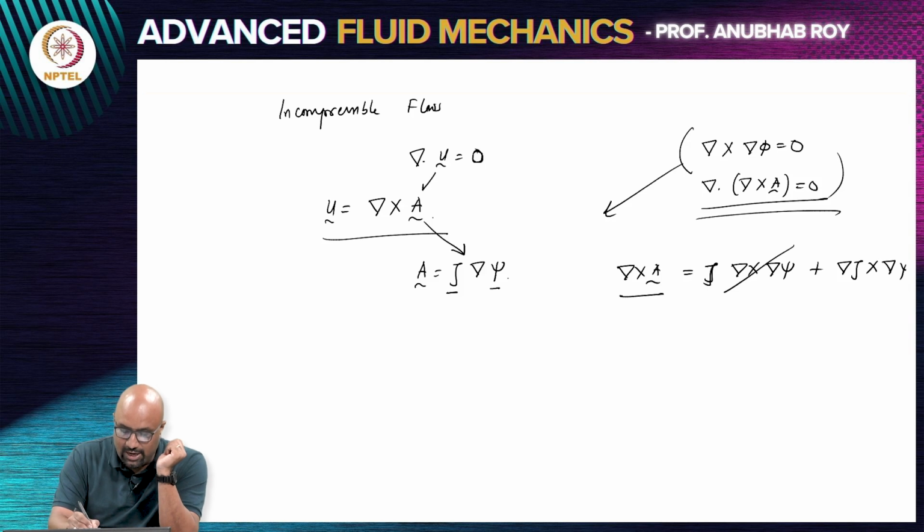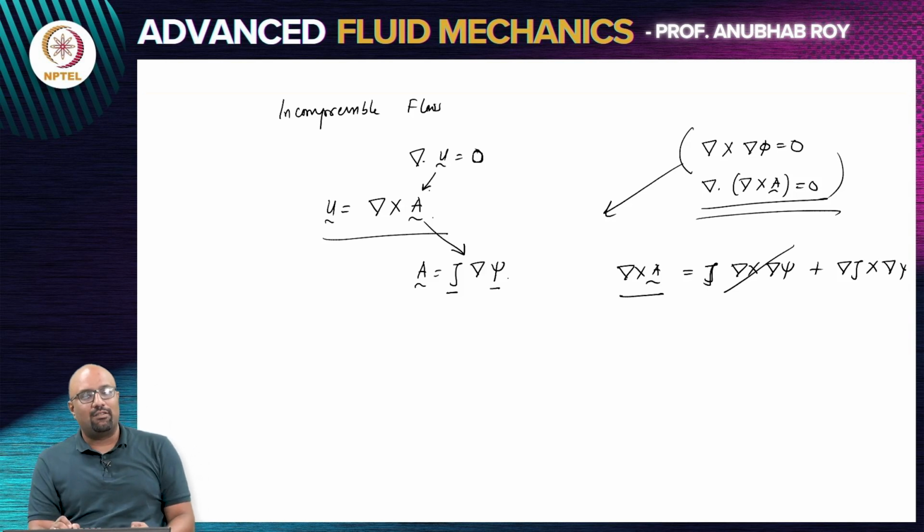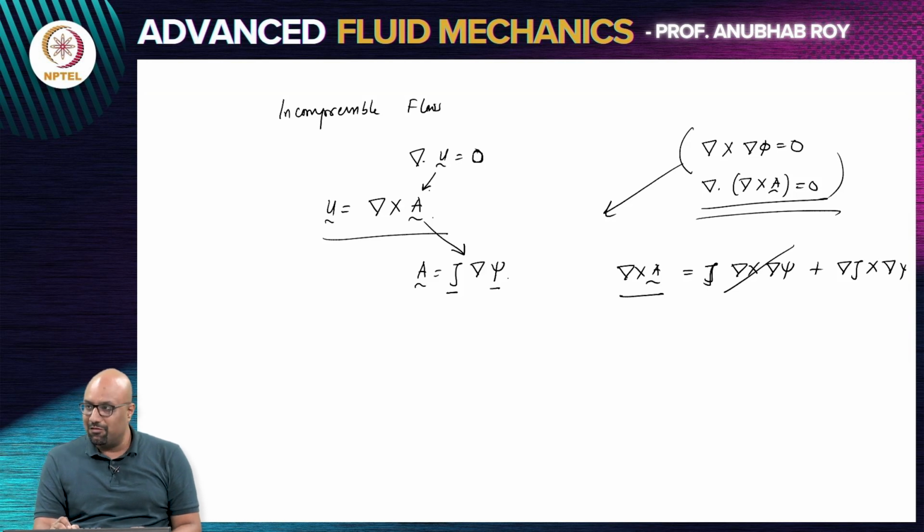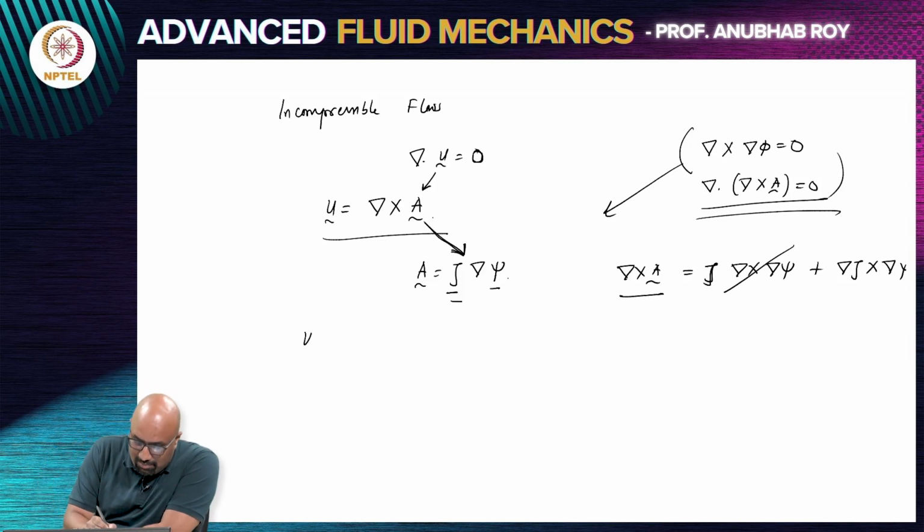My first statement was that you have a divergence free vector field, which means that vector field can be expressed as the curl of another vector field, and that additional vector field I am now expressing as a combination of two scalar potentials, zeta and psi, which means my velocity field can be written as grad zeta cross grad psi.